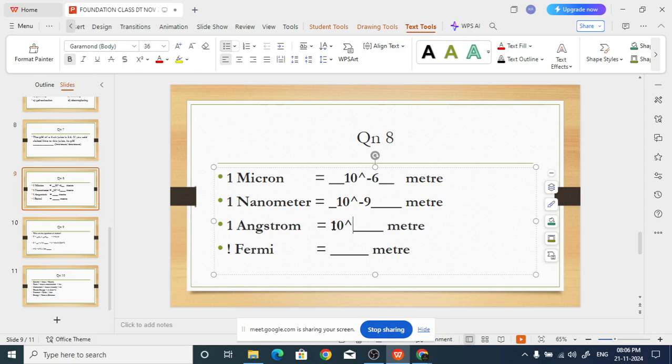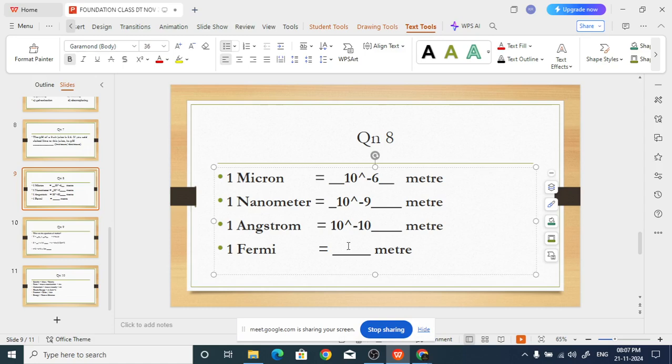how much is 1 angstrom? 10 power minus 10. 1 Fermi is 10 to the power minus 15.